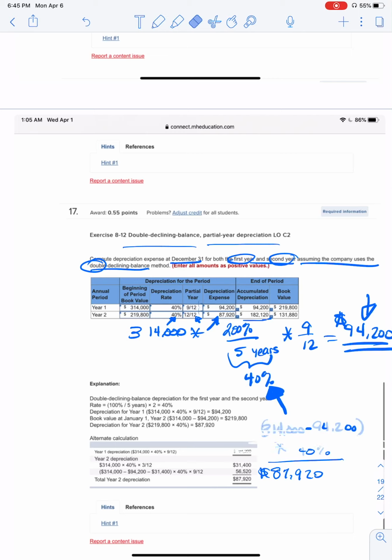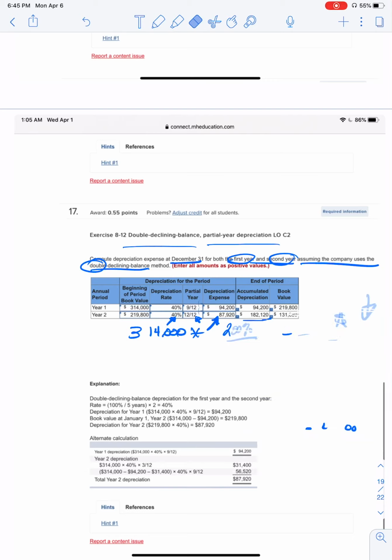Now, to show you this, I'm going to drop a table real quick and erase some of this so that you can hopefully visualize this in a little bit better manner. So what I'm going to do is show depreciation expense and accumulated depreciation on the left, and I'm going to show year one and year 2 across the top.